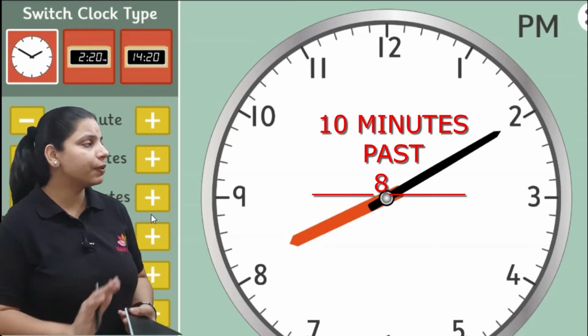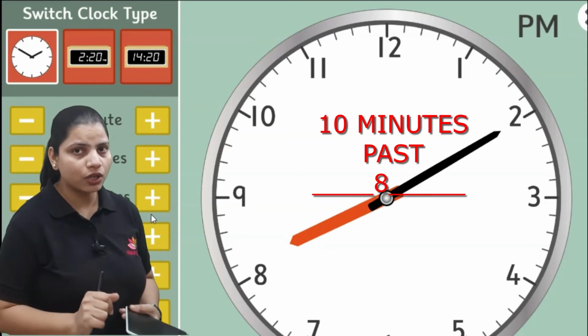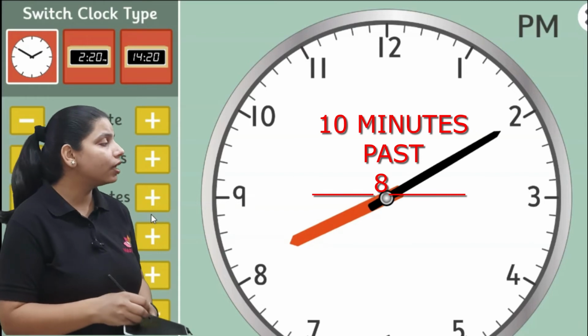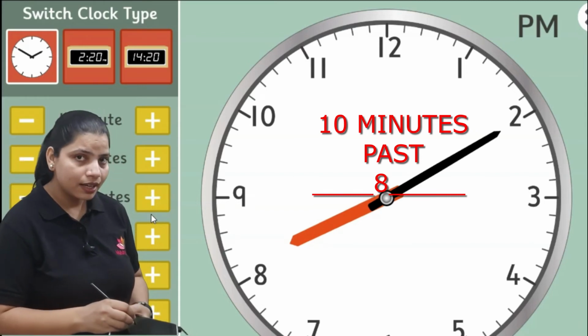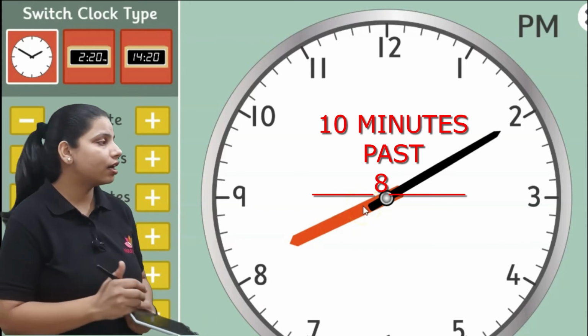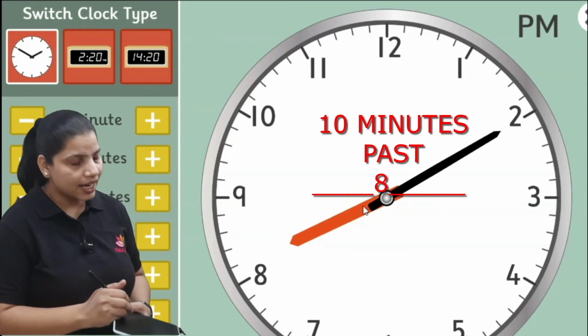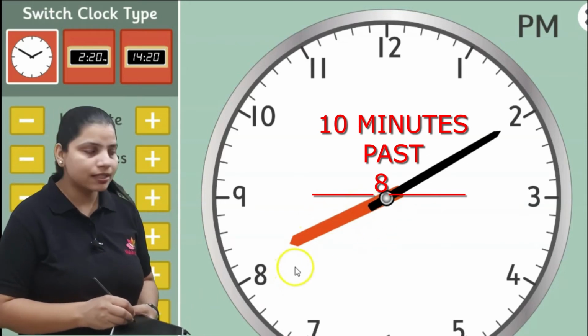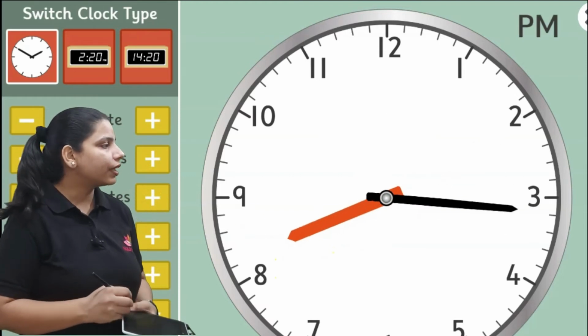Why is it past? Because it's the smaller side of the clock where the minute hand is. Then now it's time for us to decide the hour. Is it 8 or 9? 8. 10 minutes past 8. Okay.